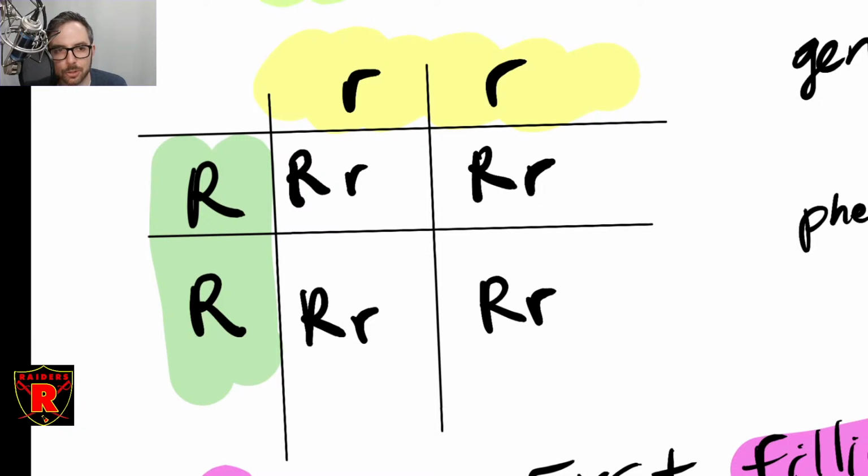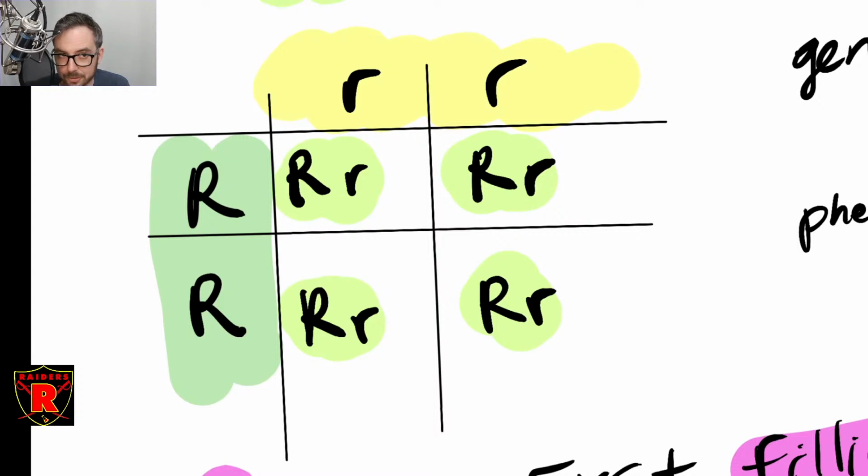So in this particular circumstance, if you take a purebred green pod and a purebred yellow pod, and you combine them together, every single offspring that you get is going to be, hopefully you can tell what color it'll be, has a big R, so these are going to be green, right?